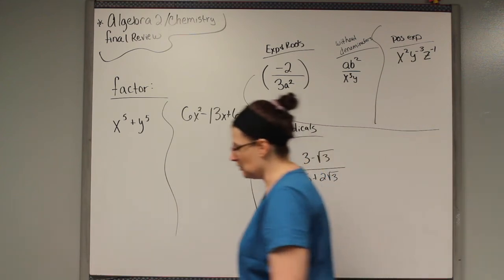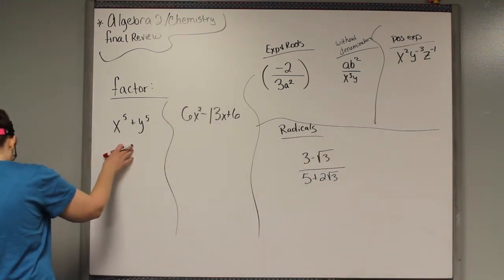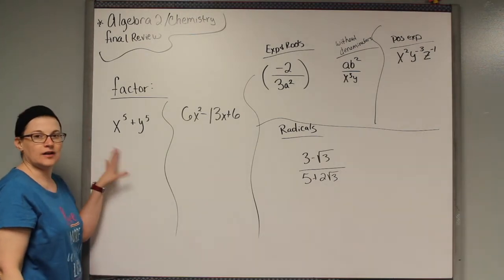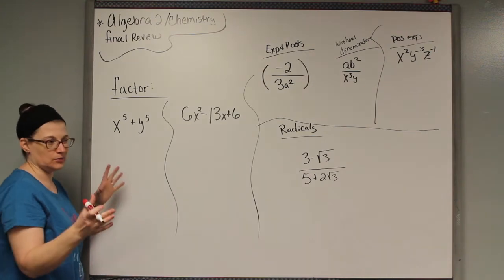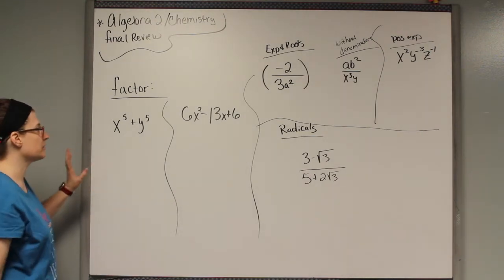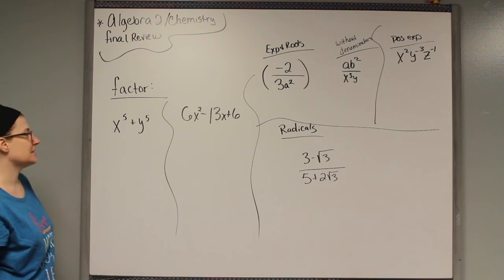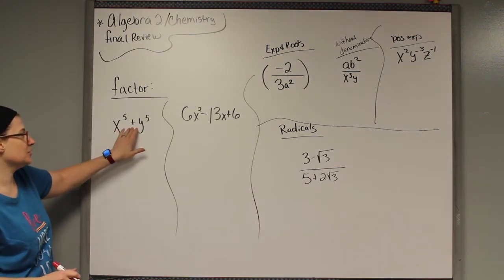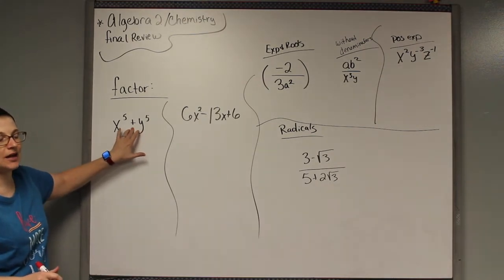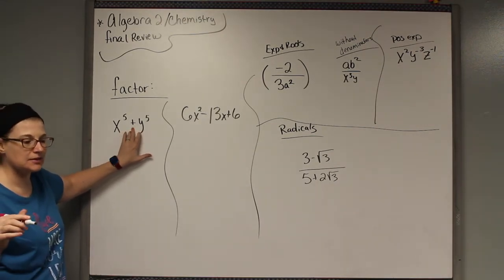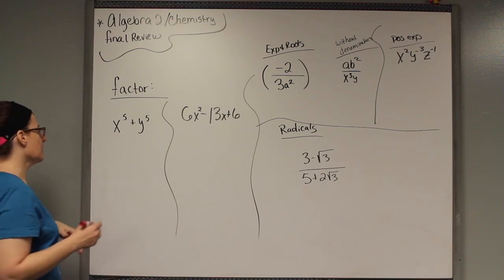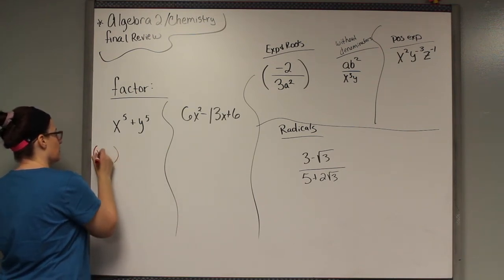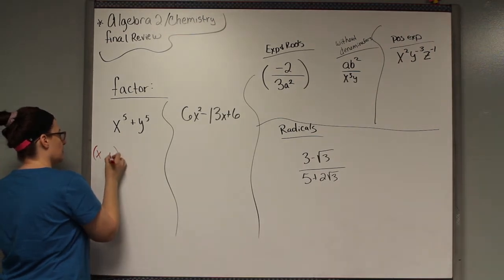So factoring, when you have odd powers like this, especially 5s, 7s, because cubes are a little bit special, but it does work with cubes. With 5s, 7s, 9s, things like that, you definitely have to pay attention to the sign, because depending on the sign, the terms are either all the same sign or alternating signs. You make one parentheses, and you're going to take the root of each one of these things.